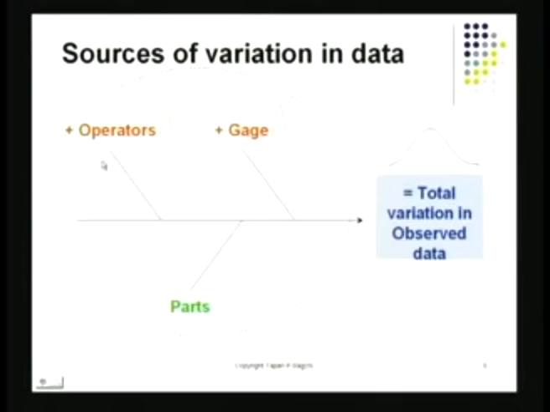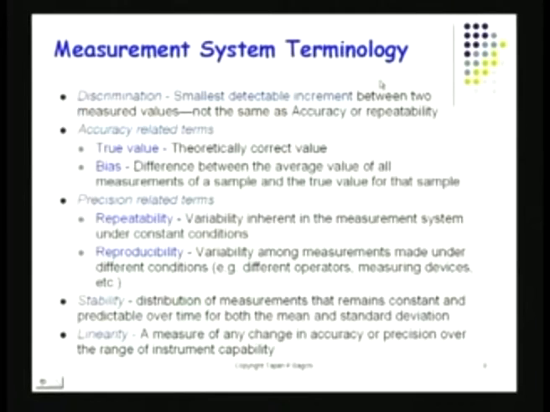And then the operator who is using the gauge also introduces additional variation, and that is called reproducibility. So the total variation would be part to part variation, part the error introduced by the gauge, and part the error introduced by the operator. These are the different sources of variation in the data that we measure.